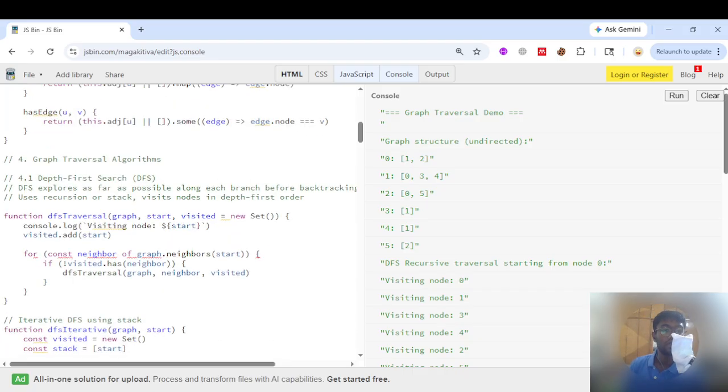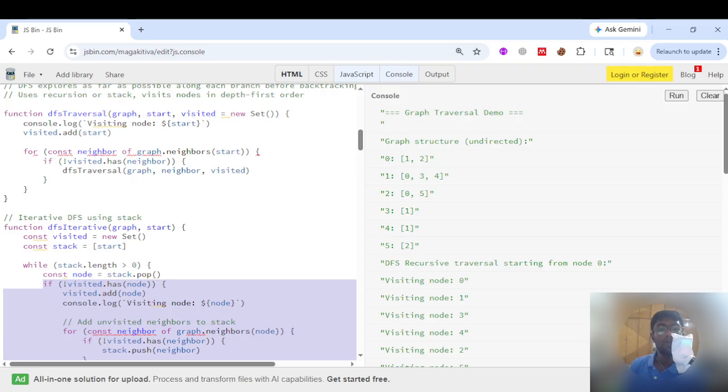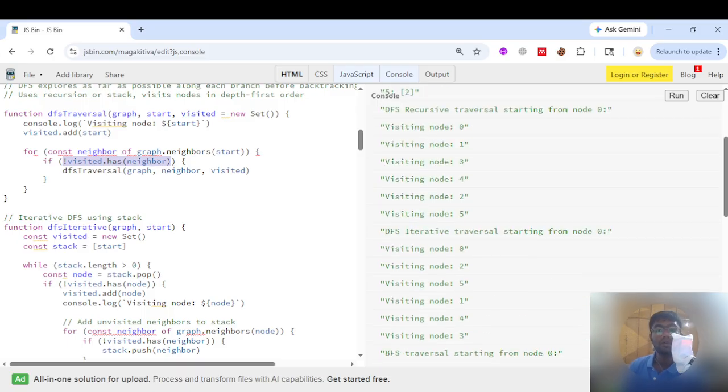In case of the recursive function call, we keep track of a visited set and we continuously make a recursive function call with each unvisited neighboring node. So that's the whole idea again.